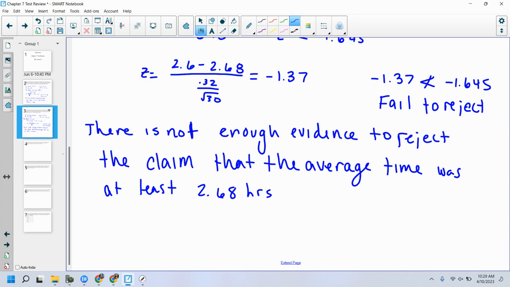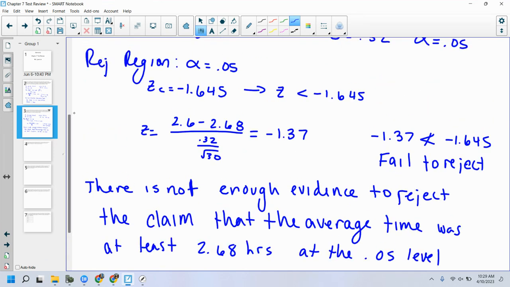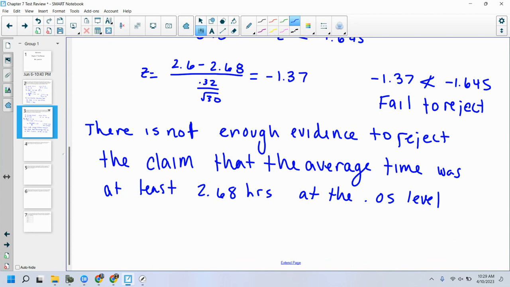There's not enough evidence to reject the claim that the average time was at least 2.68 hours at the 0.05 level. It was a 0.05 level, correct? Yep. 0.05 level.